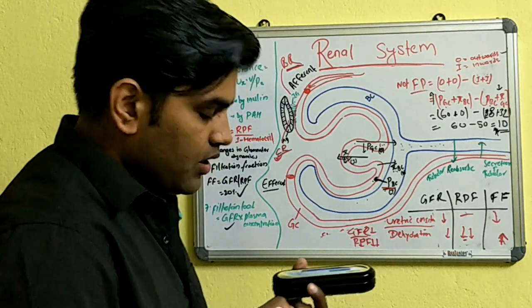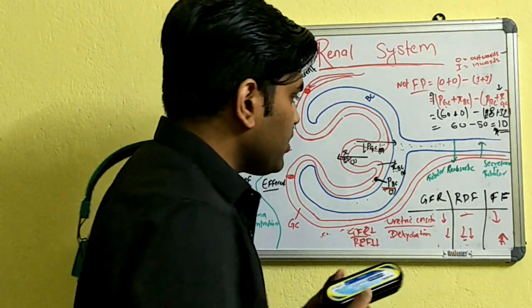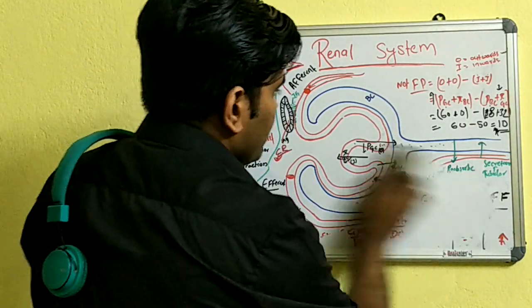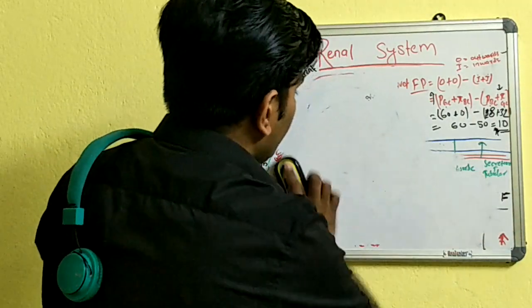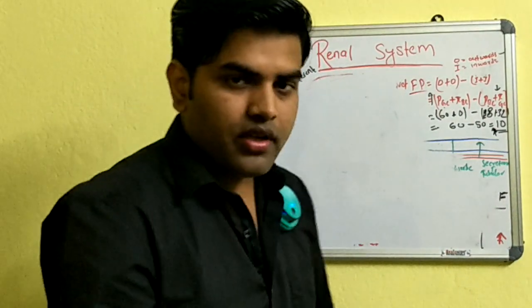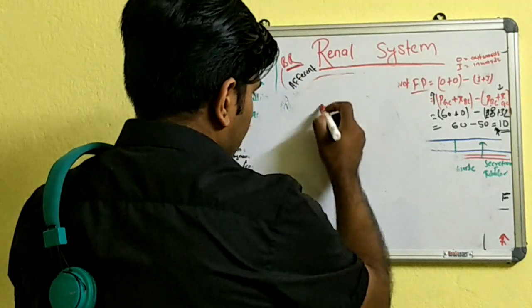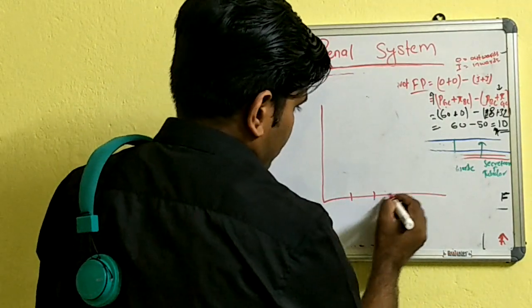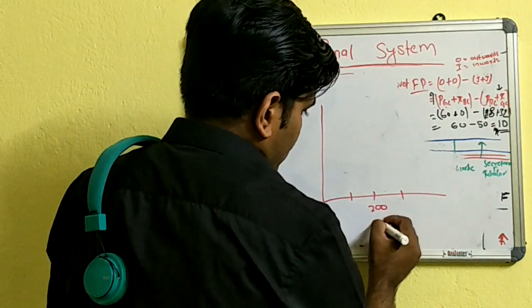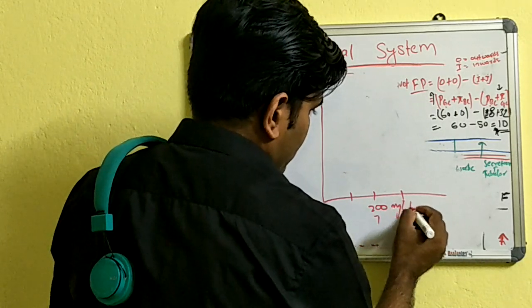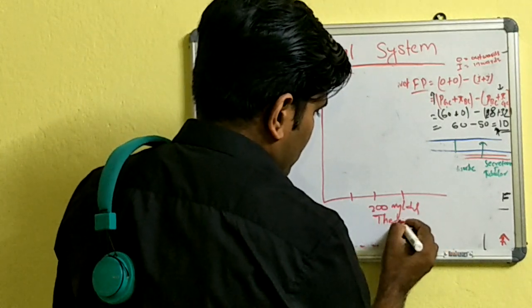The final thing is about glucose transport. Normally, when you talk about glucose transport, 200 milligram per dl is our threshold.